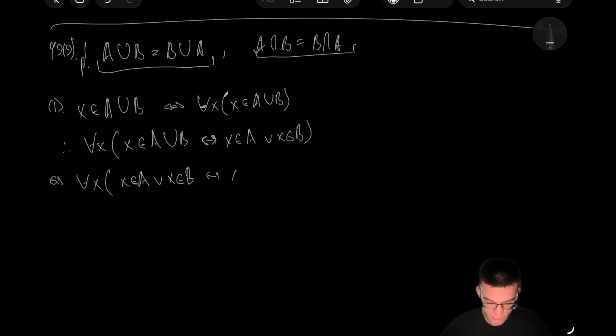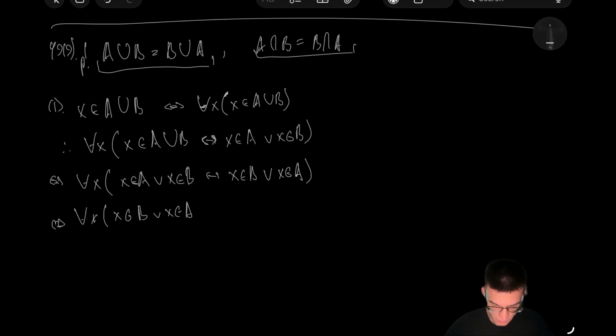This is logically equivalent to saying that X belongs to B, disjunction, X belongs to A, which is equivalent to saying that for any X belonging to B or X belonging to A, this is logically equivalent to saying that X belongs to B union A.